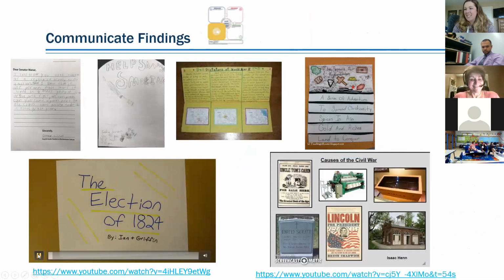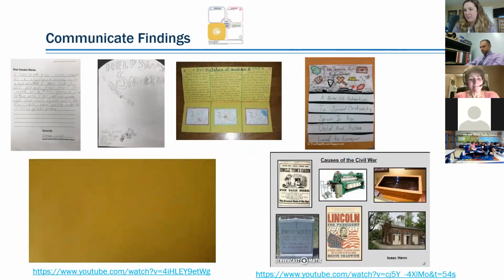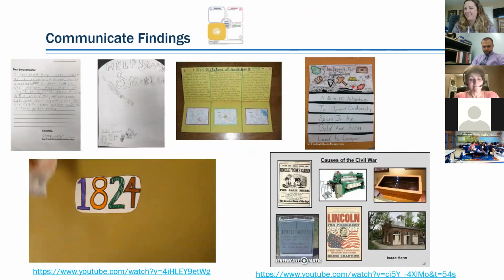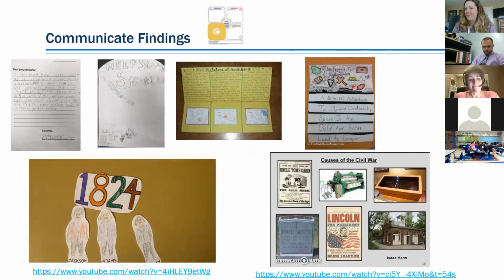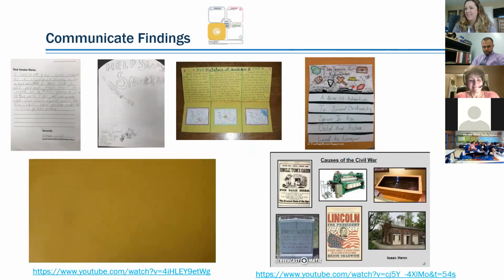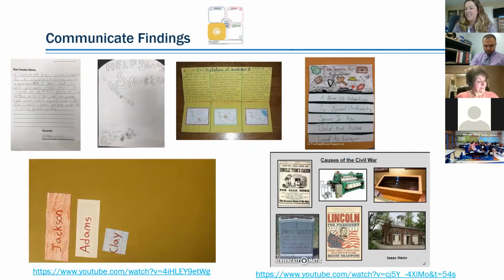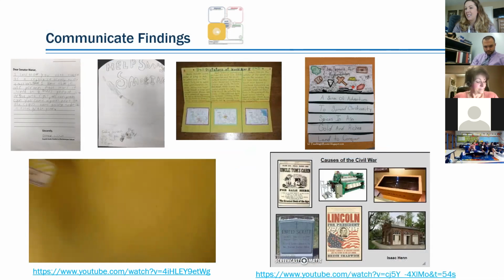By Ian and Griffin. One of the most heated presidential elections for the U.S. was probably in 1824. It was between three main candidates, Andrew Jackson, John Adams, and Henry Clay. All were Republicans. When the voting came around, Jackson won the most popular vote and won the most electoral votes. But according to the U.S. Constitution, he did not have a high enough percentage of electoral votes. So the House of Representatives had a revote.